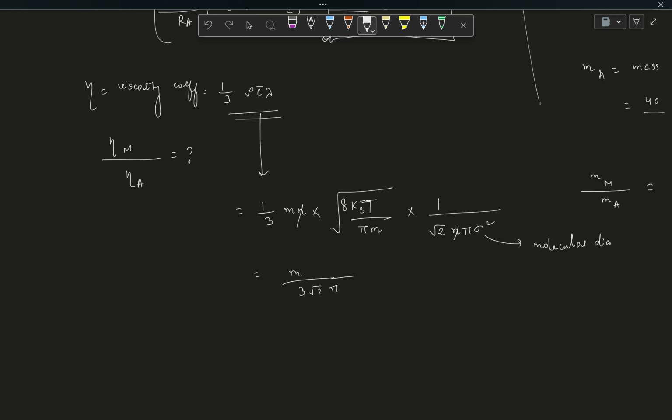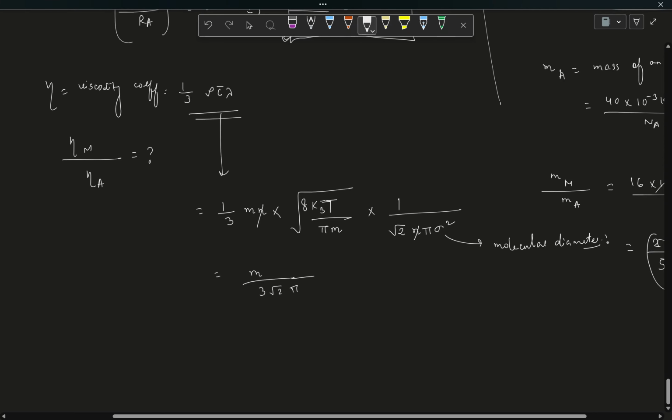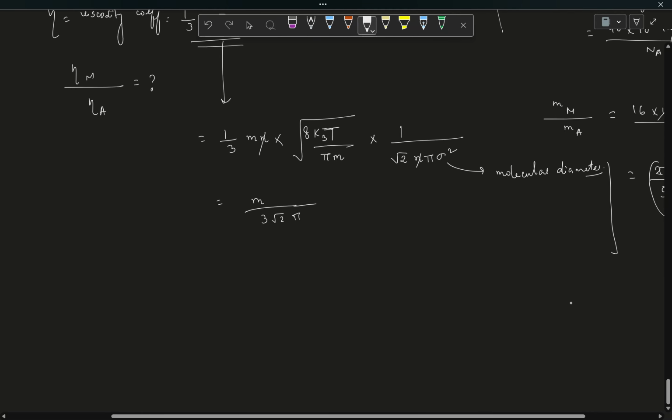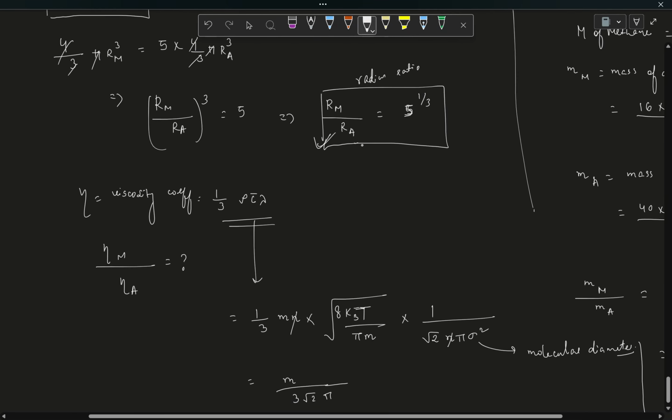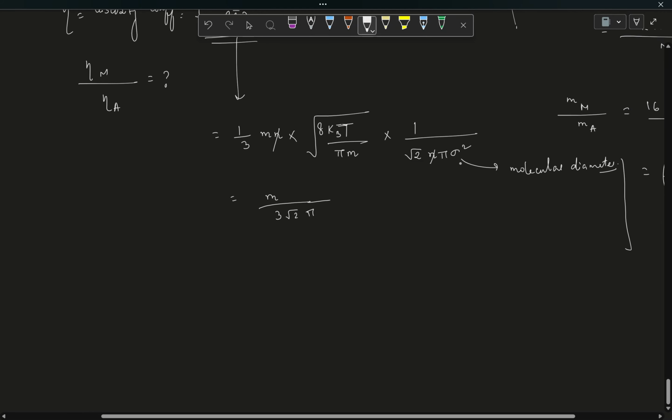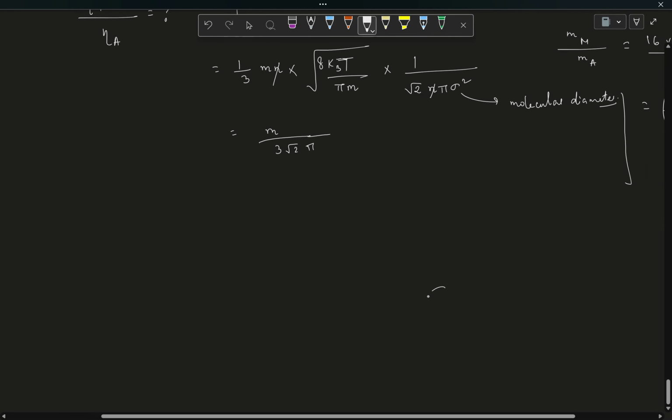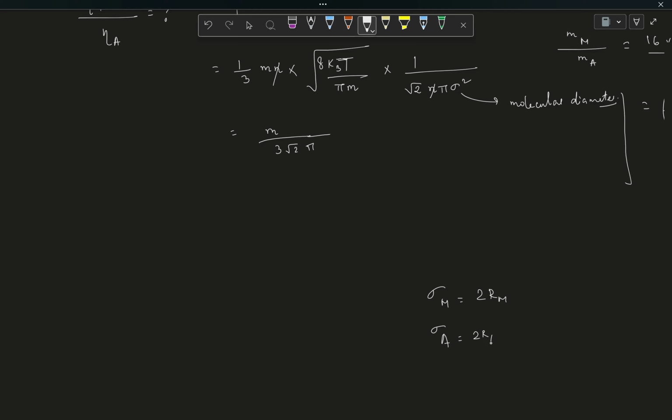In our case, because we have taken the molecular radius as capital R, which is capital Rm for methane and capital Ra for argon, sigma for methane will be 2 times the radius of methane, and sigma for argon will again be 2 times the radius of argon.